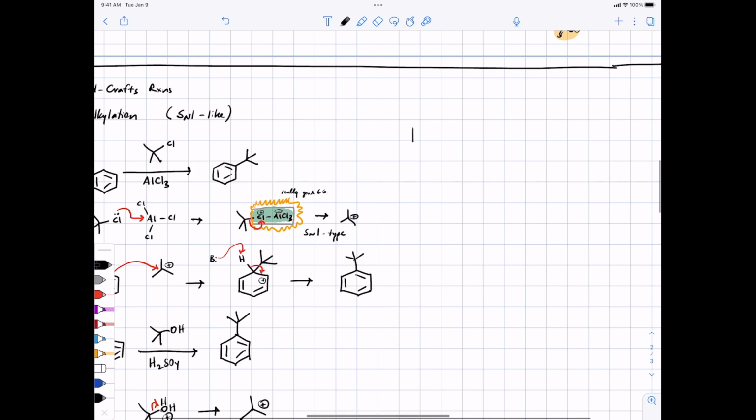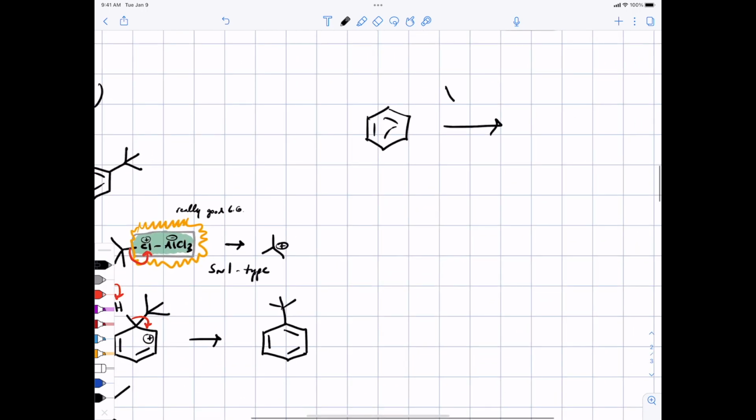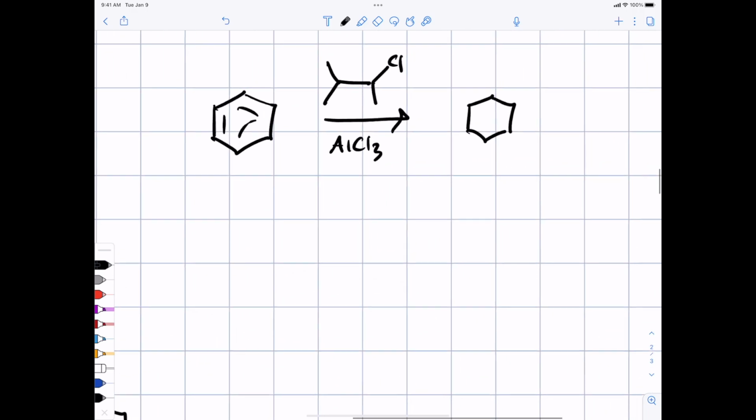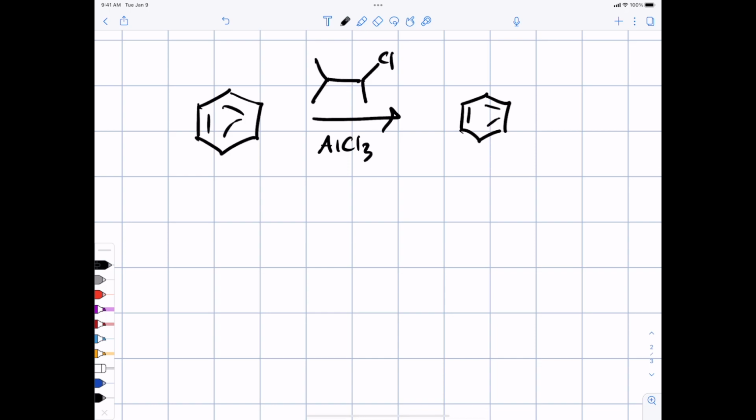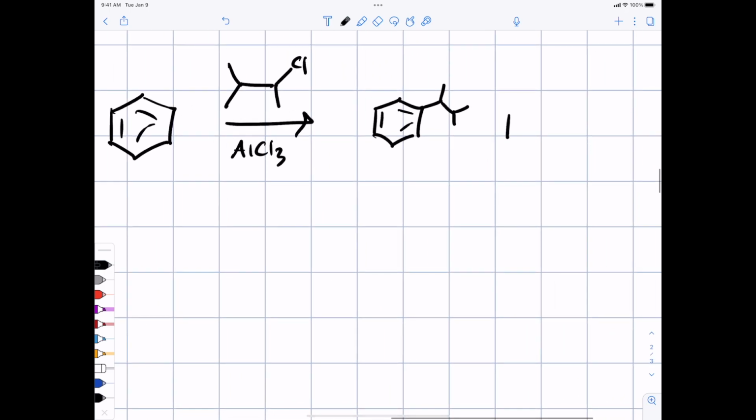However, if you were to be given something like this, you would perhaps not be surprised to see, in addition to the expected product, a rearranged one.